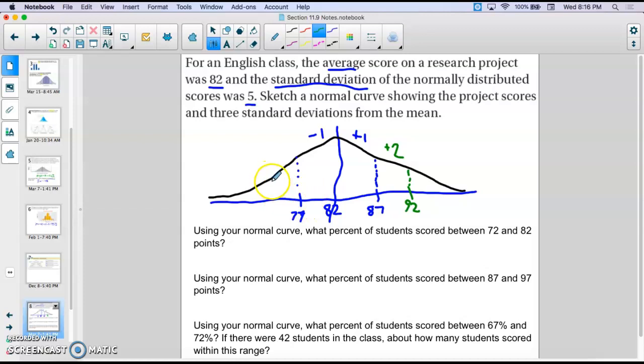And then we subtract here, and we get 72. I'll try to make this as symmetrical as possible. That's minus 2 standard deviations. If we want to go 3 standard deviations away, we subtract another 5, which gets us to 67. That's minus 3 standard deviations. Same thing here, we add 5, so we get 97. That's plus 3 standard deviations.